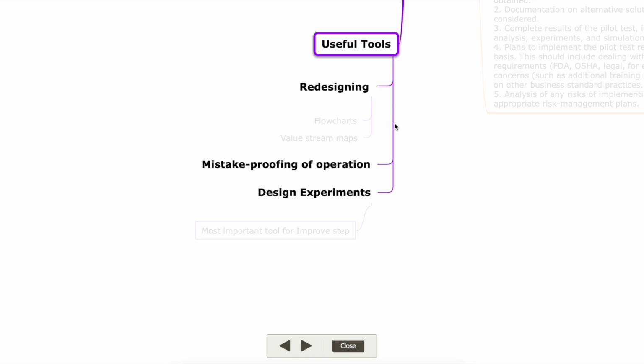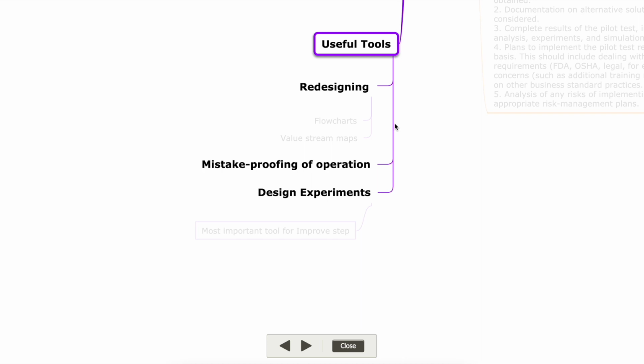If we try to modify the procedure, it will not work, or if an error is made during the procedure, it will not work. So this is mistake proofing of the operation: no mistakes can complete the operation. If there is a mistake, the operation will not be completed. So the operation can be done only in one way, that is the right way.